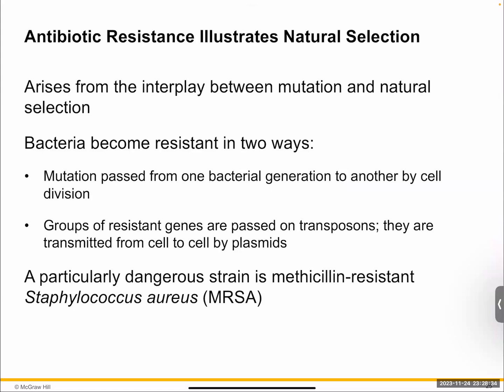Now, natural selection, even though it's a really good thing for us humans, we're not the only ones that can utilize natural selection for their survival and the purpose of reproduction.